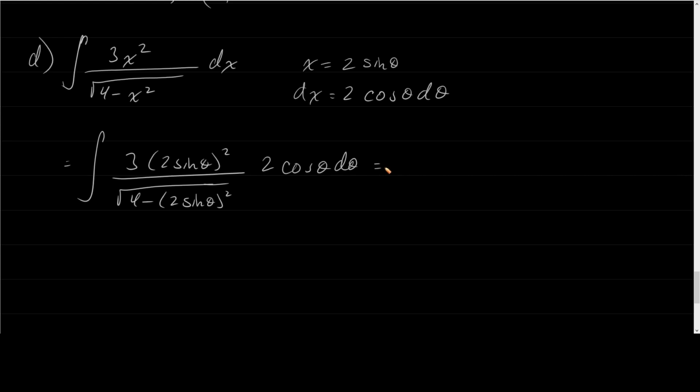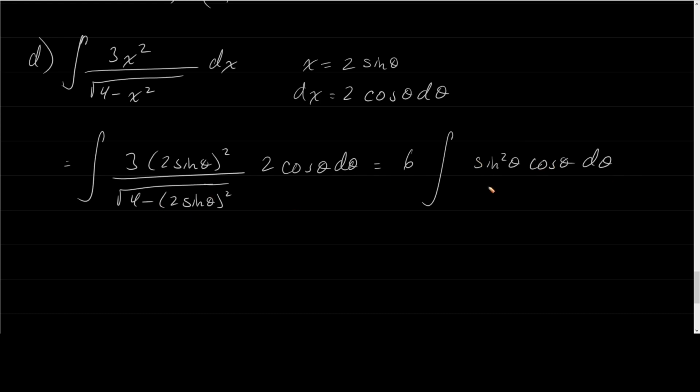Let's simplify as much as possible here. On the numerator, I have 3 times 2, that's 6. So I really have a 6 all the way on the outside. What else do I have? I have a sine squared times cosine, so sine squared theta times cosine theta d theta.